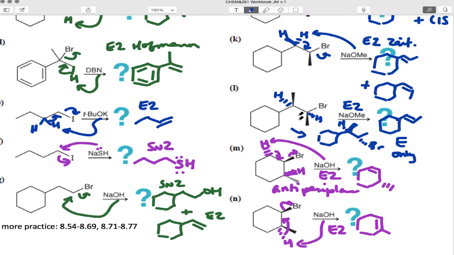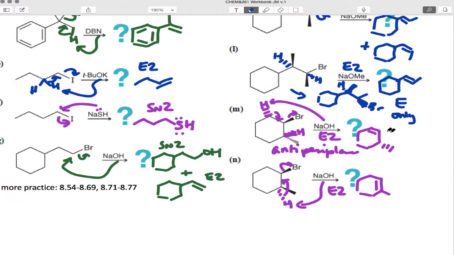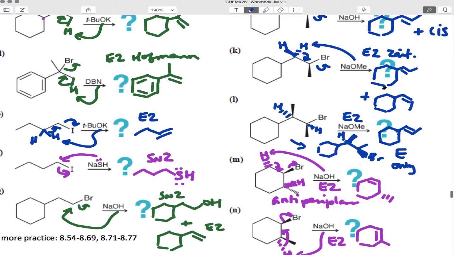So I'm going to rotate this bond until bromine's in the front, which is the opposite side as my H. And then you'll notice that this methyl got moved as this bromine came up. So methyl's pointing up now instead of pointing down. So this is going to give me my E or trans isomer only, whereas before I had a cis and trans mixture.